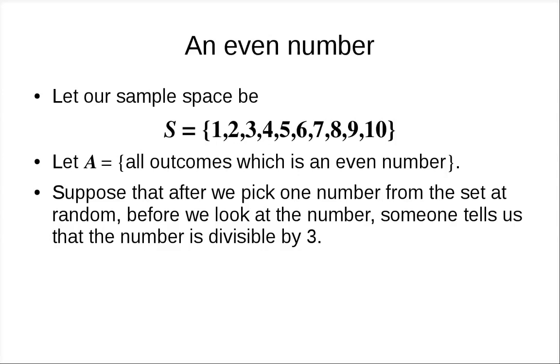But before we find out, someone came to us and says, okay, the number you picked from the bag is divisible by 3. Is this information going to change your beliefs, or change the probability that you get an even number?